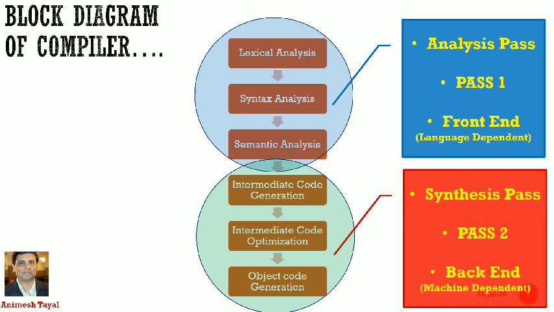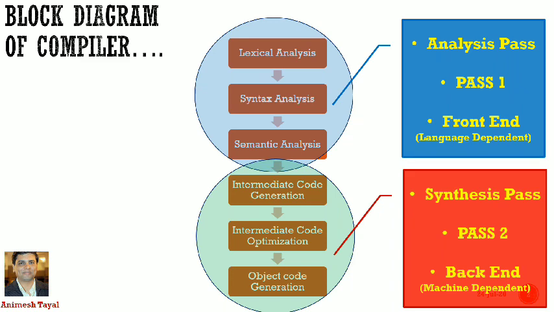Synthesis pass, where the information is available error free, and then we are starting the actual conversion. So first phase of conversion is to generate the source code into the intermediate codes, then optimization of intermediate code, and then last object code generation. So this pass is called synthesis pass, also pass 2.